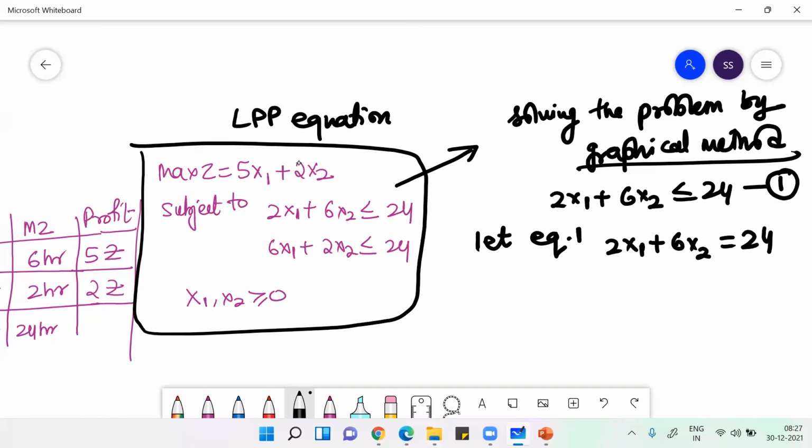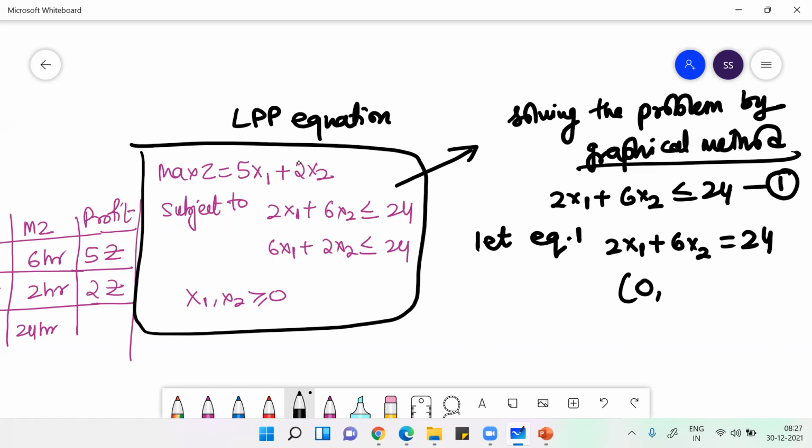For the time being, I'm trying to draw the straight line. I hope you remember coordinate geometry. Using the same concept of coordinate geometry, I want to draw the line of this equation, 2x1 plus 6x2 equal to 24.